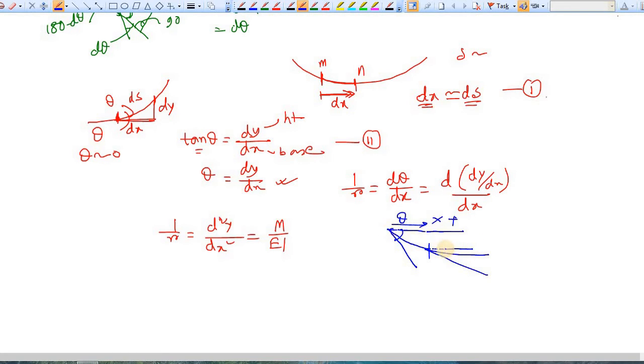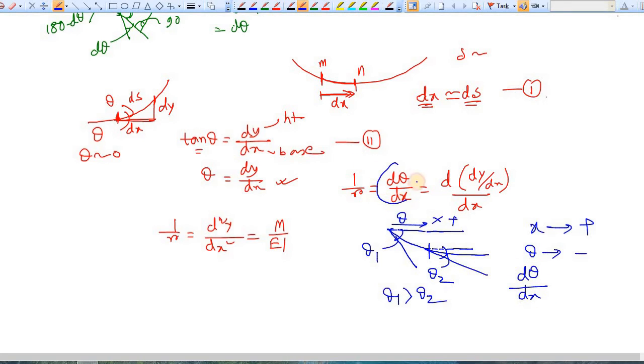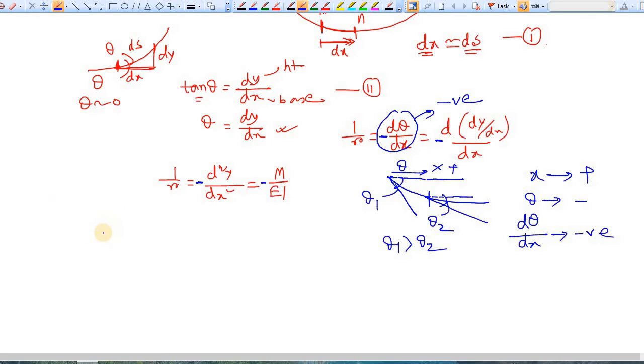Can you tell me which angle is bigger, theta 1 or theta 2? Of course, theta 1 is steeper than theta 2. That means when x is increasing, your theta is decreasing. That means d theta by dx is actually negative. So here we should put a negative sign.